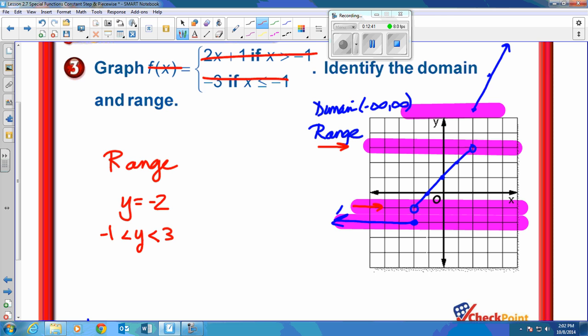And then I jump again, and y is greater than or equal to 6. So I can list them all separately. I could say negative 2 union negative 1 to 3 union 6 to infinity if I really wanted to do interval notation. If I have lots of breaks in my graph, I'm going to have a really funky range. That's how we graph a piecewise.